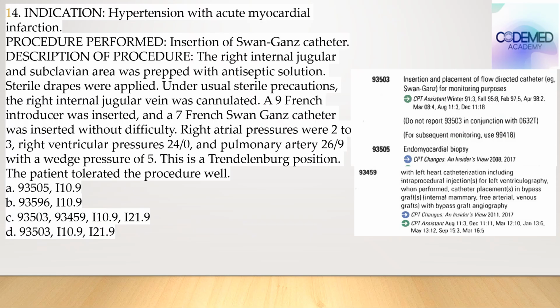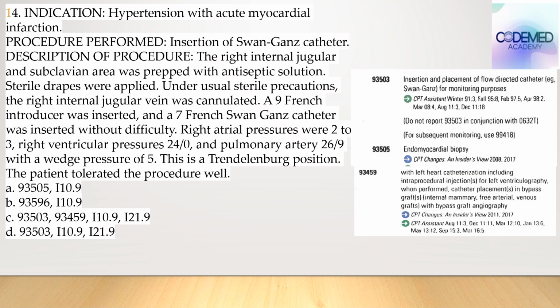So now they have given the codes. What they have basically done in the procedure is they have inserted the Swan-Ganz catheter. And remember that we have a separate code for that, that is 93503. 93505 is an endomyocardial biopsy, so we can't take that code.